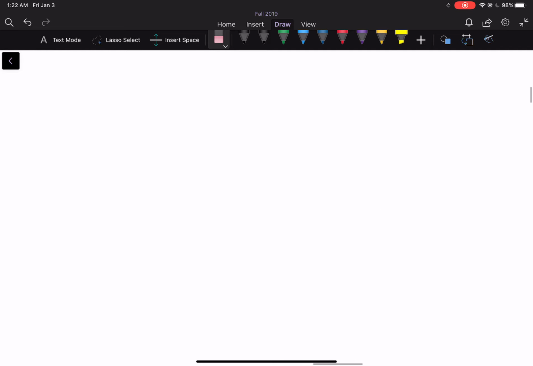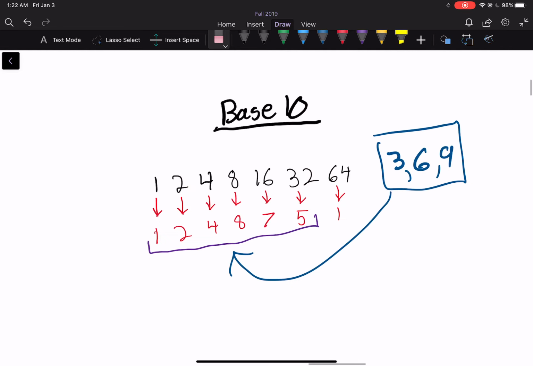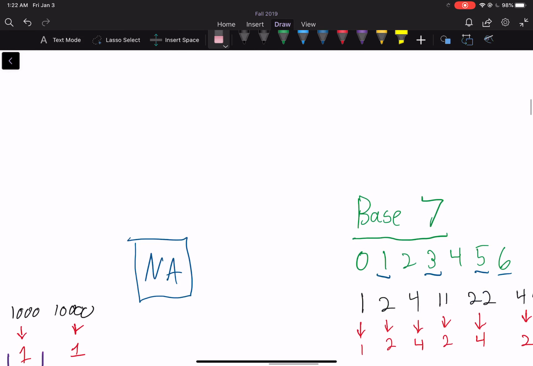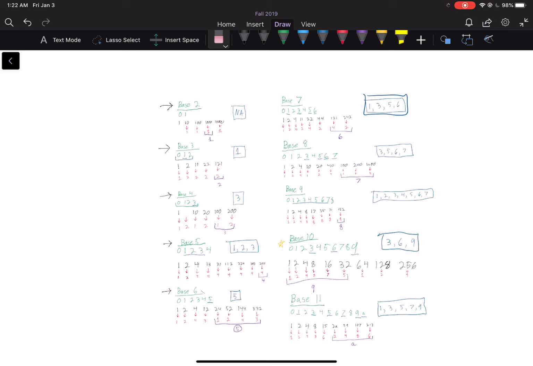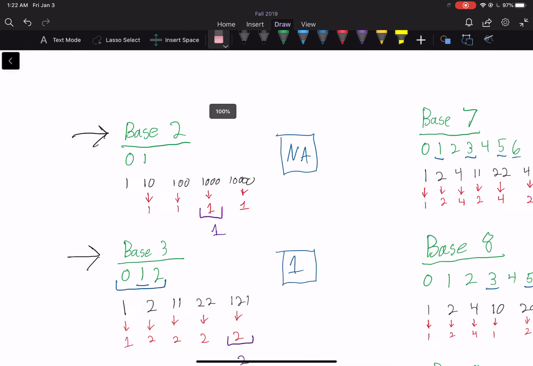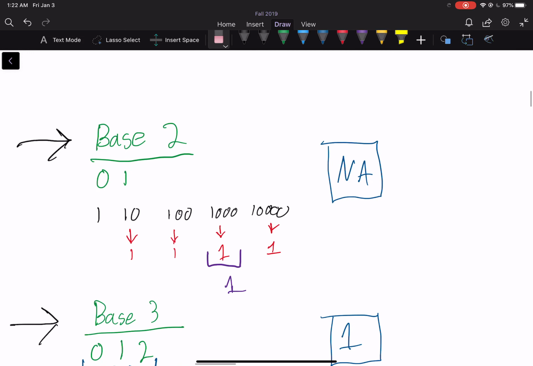So this pattern right here, I repeated it for all of the bases. Base 2, and then I went all the way up to base 11 just to make sure that this pattern that I found applied above base 10. But let's just look at base 2 first.